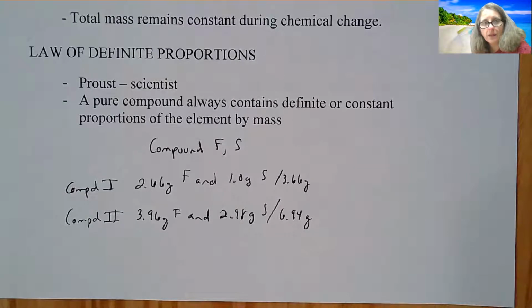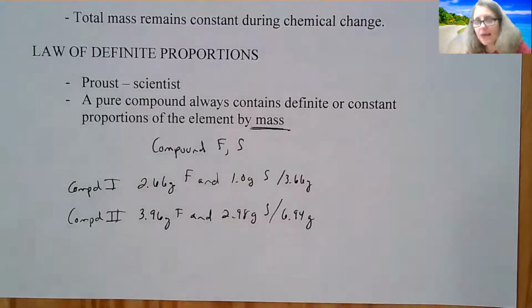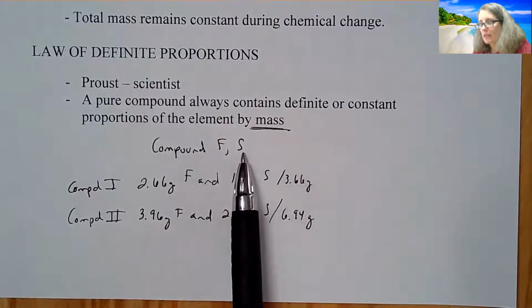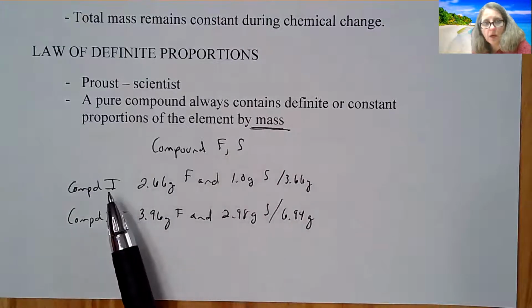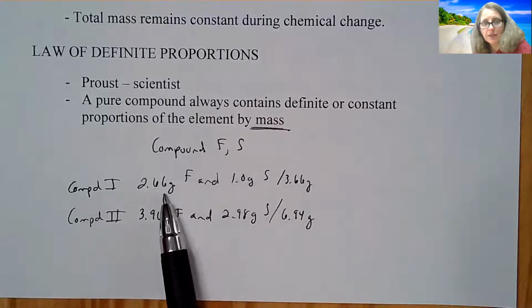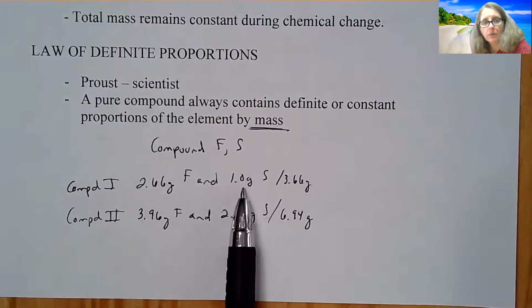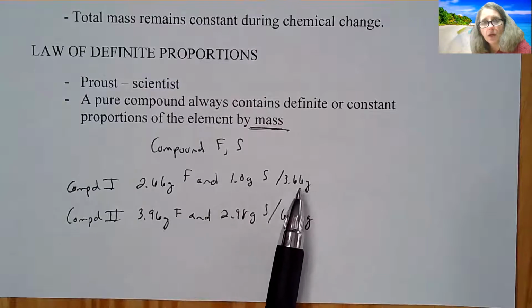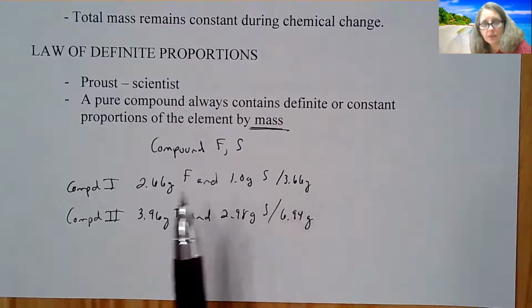Proust figured out that a pure compound always contains a definite or constant proportion of the elements by mass, okay? Please remember that this is by mass, so we're doing grams here. We haven't talked about the mole yet. If I have a compound that contains fluorine and sulfur, compound 1 has 2.66 grams of fluorine and 1 gram of sulfur, a total mass of 3.66.